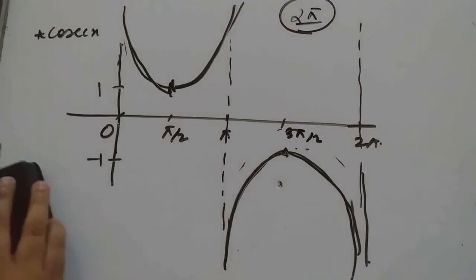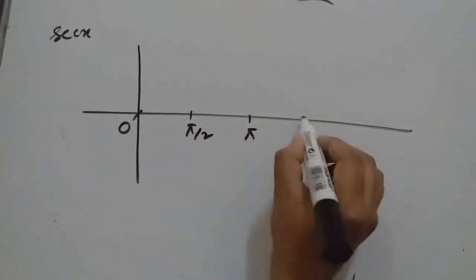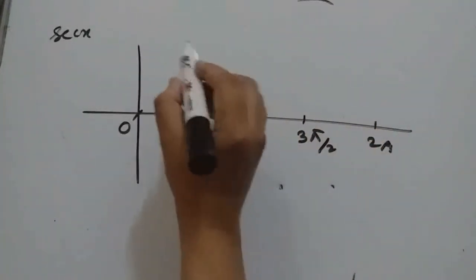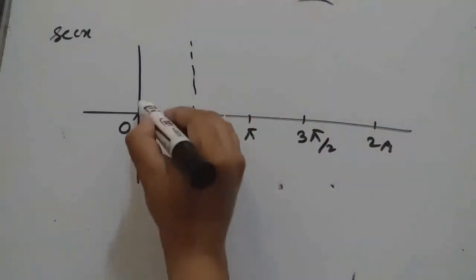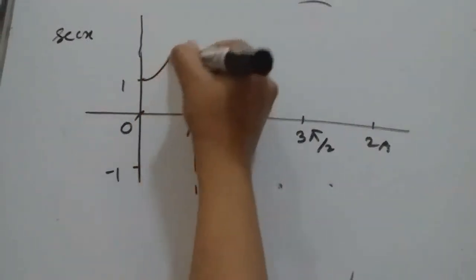Sec also, we can find the behavior for sec. It is the same, 0, pi by 2, pi, 3 pi by 2, 2 pi. So what is the graph for this? This is 1, this is minus 1.